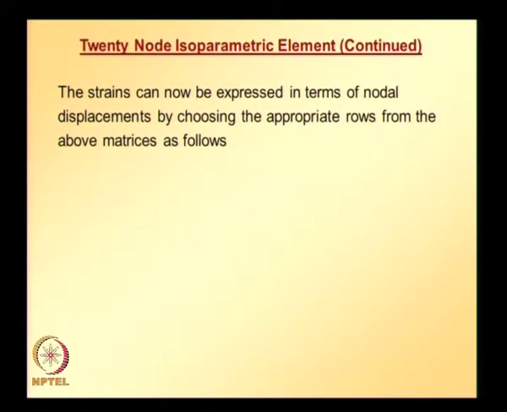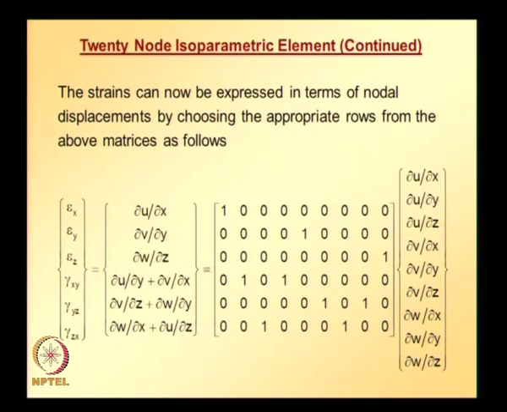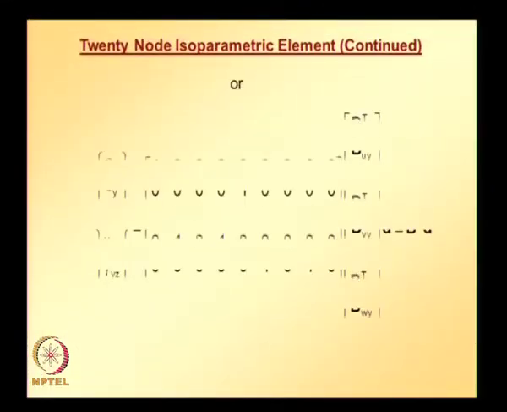Strains now can be expressed in terms of nodal displacements by choosing appropriate rows from the above matrices. Strain definition in terms of displacement components can be rearranged as shown on the right hand side. So, now plugging in or selecting the appropriate rows from the previous equations, we can get this.